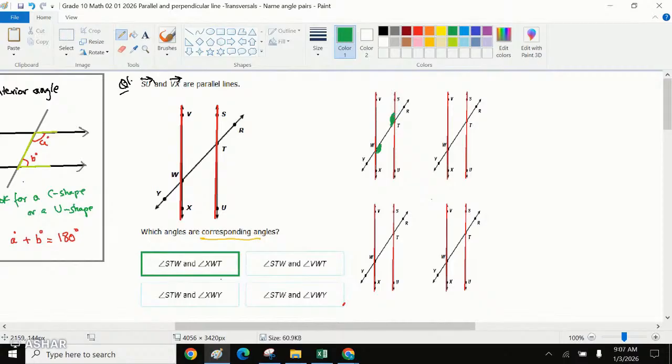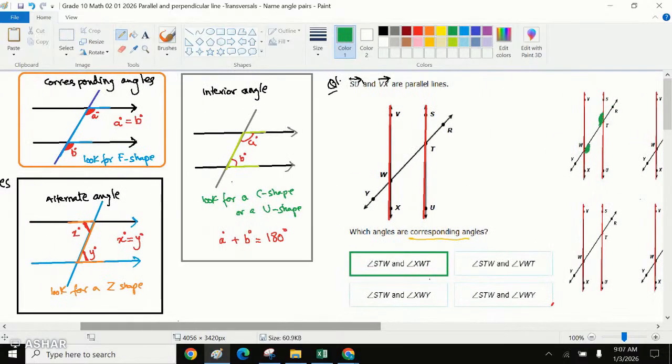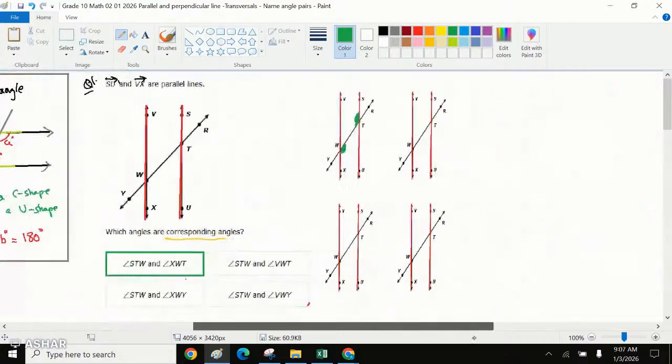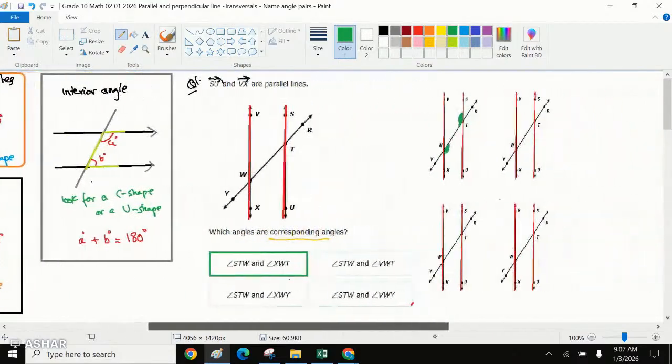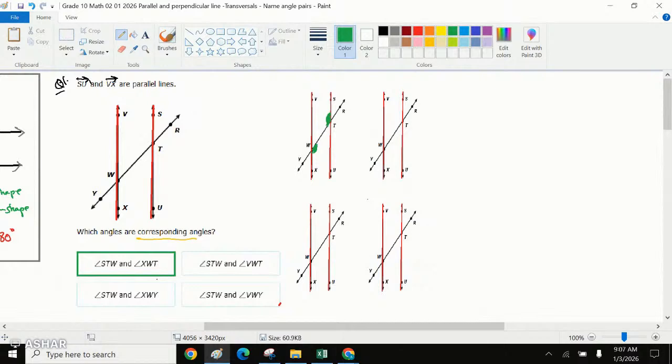So they're asking us, are these corresponding angles? But what we remember is, whenever we are looking for corresponding angles, we need to look for a shape F, right? This has to be the corresponding angle. So are these angles corresponding angles? No, right?